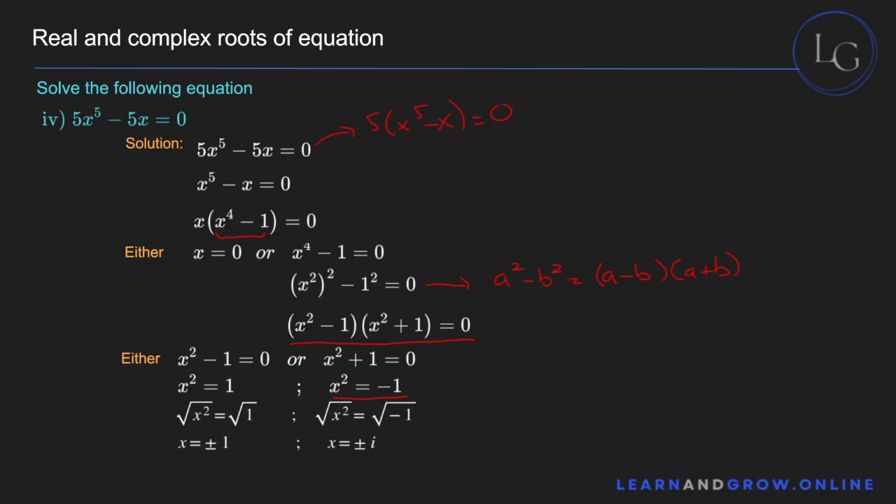So you get the values of x as 0, positive 1 and negative 1, and positive iota and negative iota. So those are the 5 roots. You have 3 real roots and 2 complex roots.